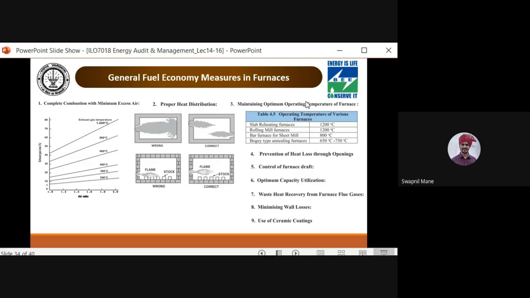Okay. Then the third one is maintaining the optimum operating temperature of the furnace. It is seen that the operating temperature has a direct effect on the efficiency of the furnace, because operating at temperatures higher than optimum causes heat loss, excessive oxidation, decarbonization, or overstressing of the refractories.